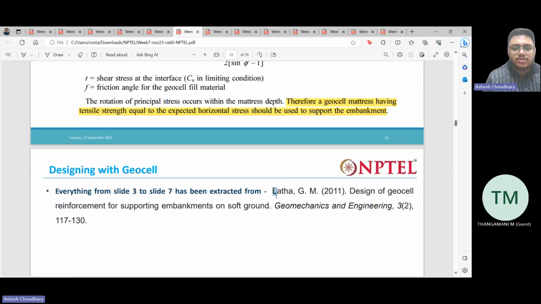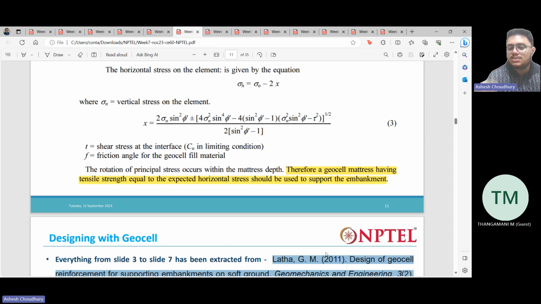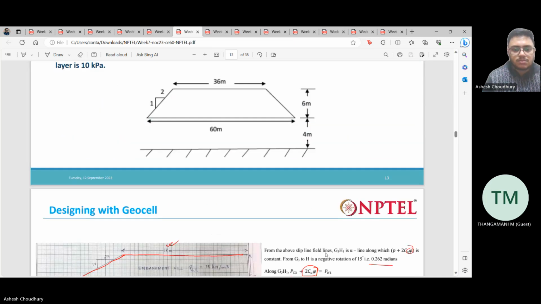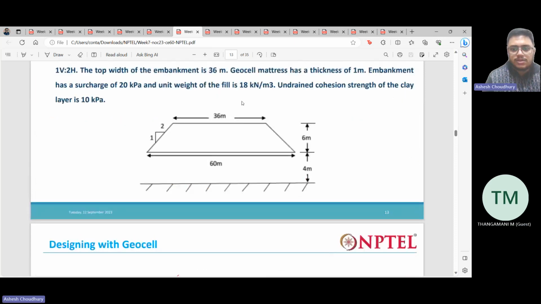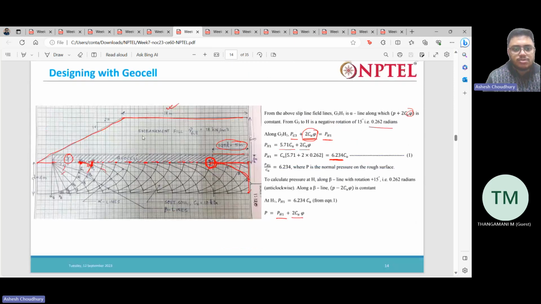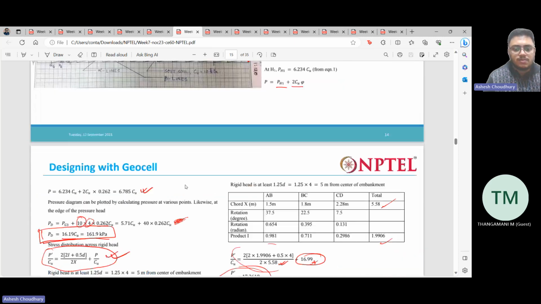I suggested that you read this research paper, where everything is summarized very nicely and all other methods for designing with geocell are also discussed. Then we discussed a problem given in the class, on how to design with geocell using the slip line method.